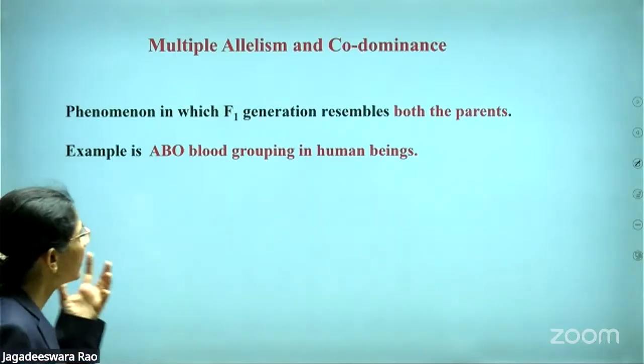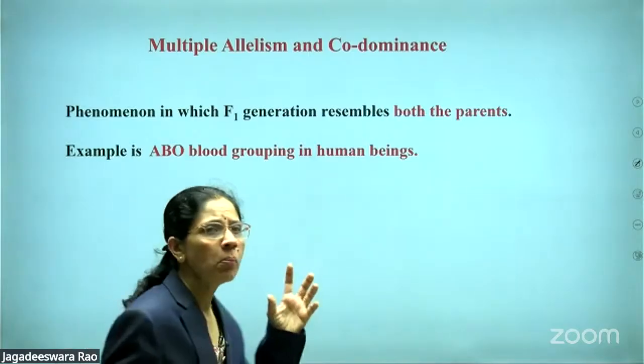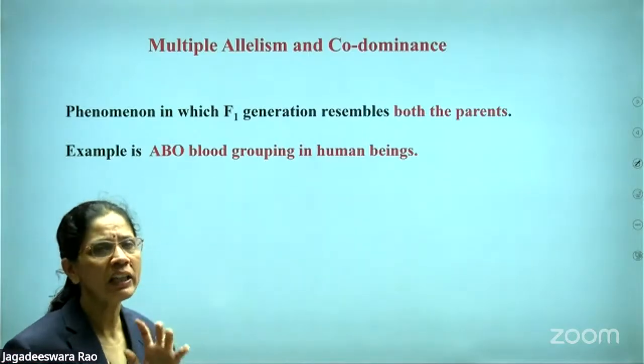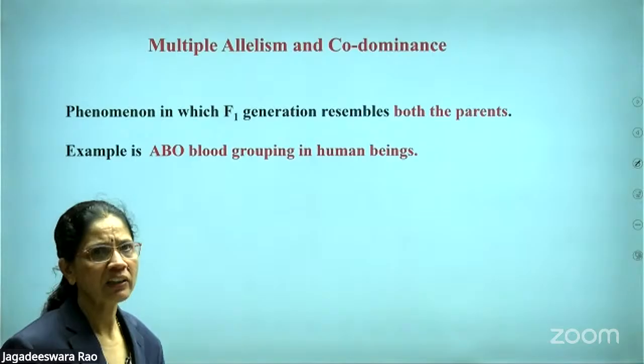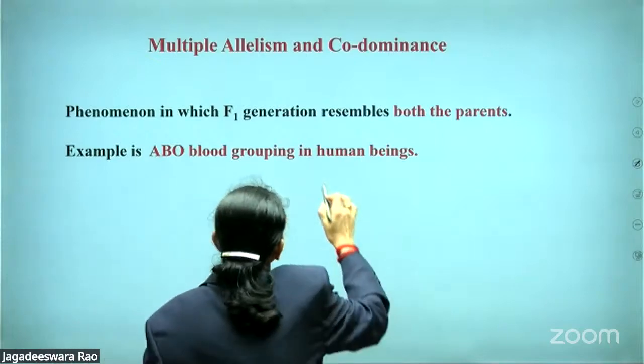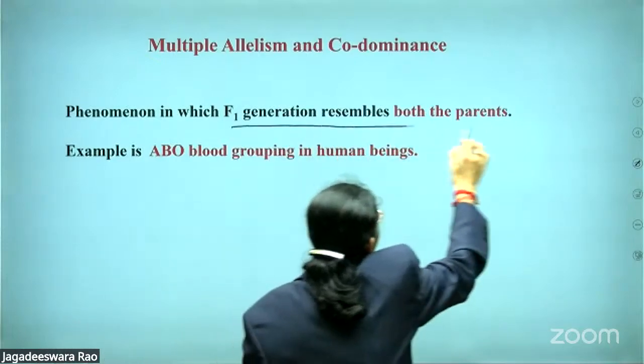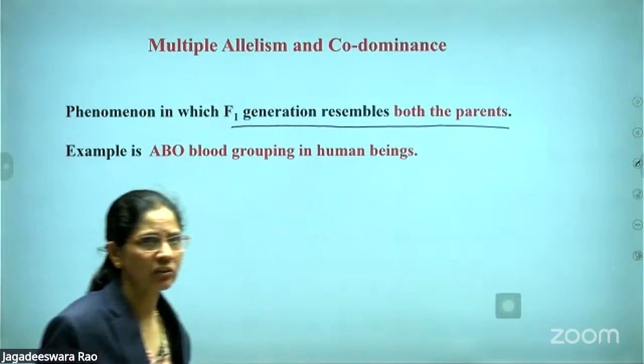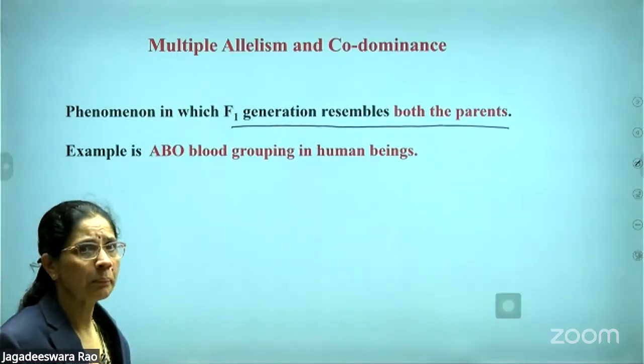But there are certain examples where both the characters are equally expressed. Neither of them is dominant. So here both the parents are expressed, meaning the F1 generation resembles both the parents. How is it possible? Let us see one example here.